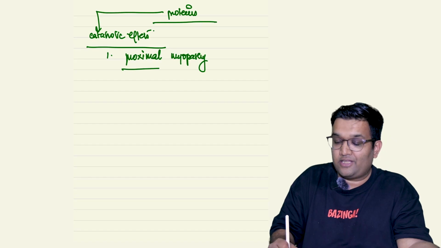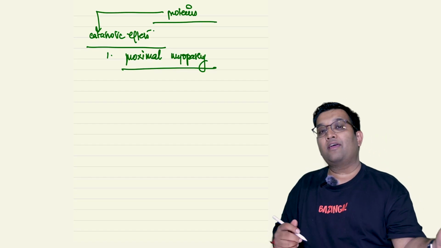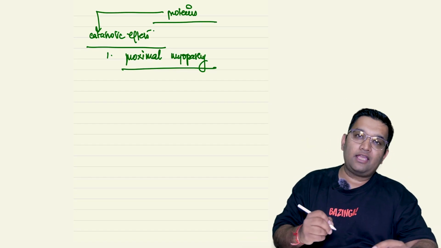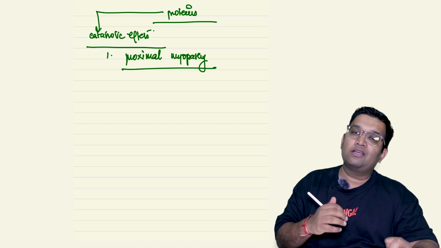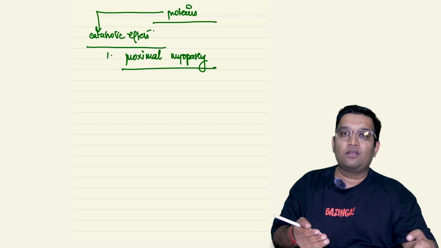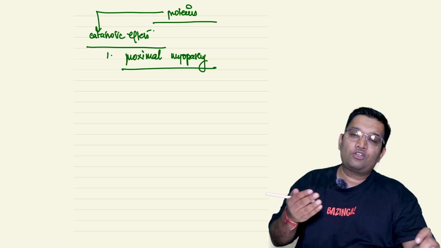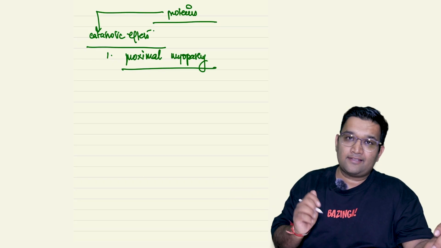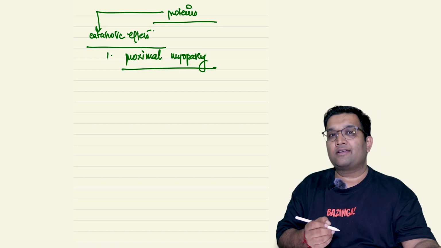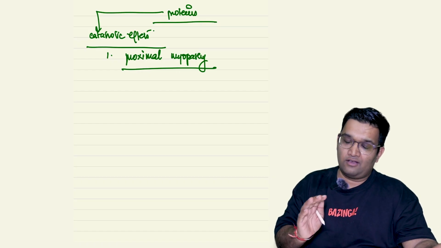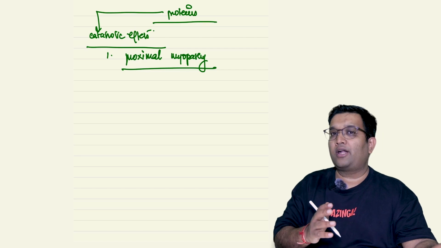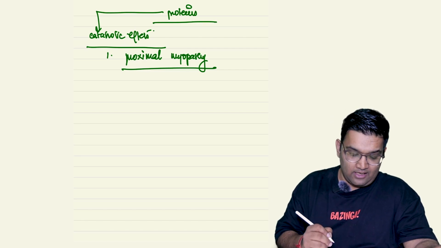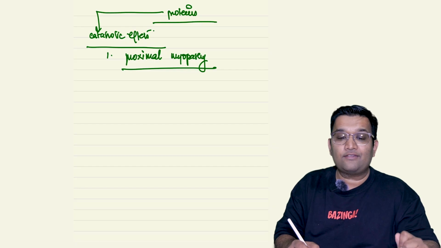So proximal myopathy, clinically, how we are going to say that the patient is having difficulty in getting up from squatting position, getting up from a deep chair, or he is having or she is having difficulty when they are walking on a staircase. These are the factors where we can assess clinical pointers towards proximal myopathy.